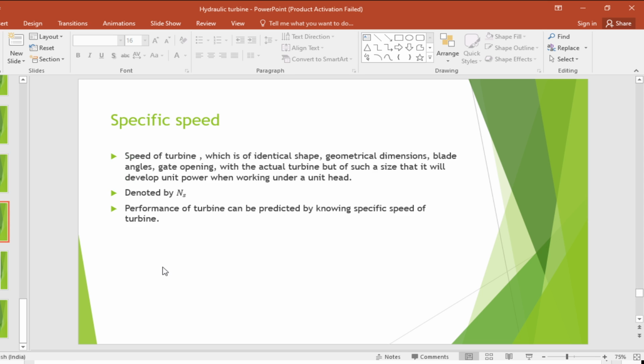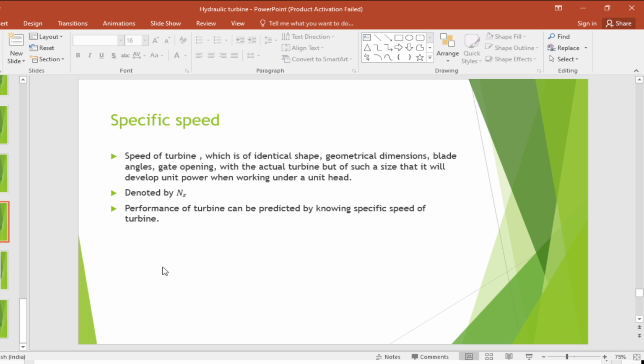Now we'll move further to the specific speed of the turbine. Okay, now what is meant by specific speed? The specific speed is defined as the speed of a turbine which is identical in shape, geometrical dimensions, blade angles, gate openings, etc. with an actual turbine but of such a size that it will develop unit power when working under a unit head.